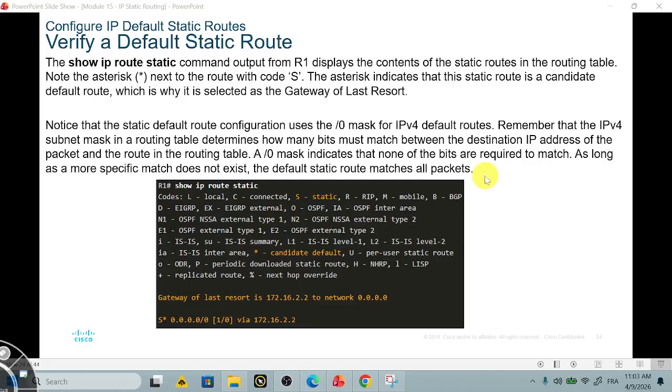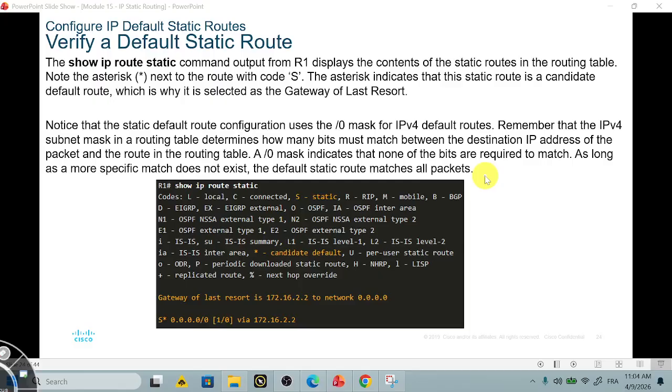when we put /0, before, when we were trying to check if this router can forward this destination address, we were looking at /8, /16, /18, and we should find at least an IP address in the routing table with, if we were using /18, 18 bits at least matching in order to forward this packet.